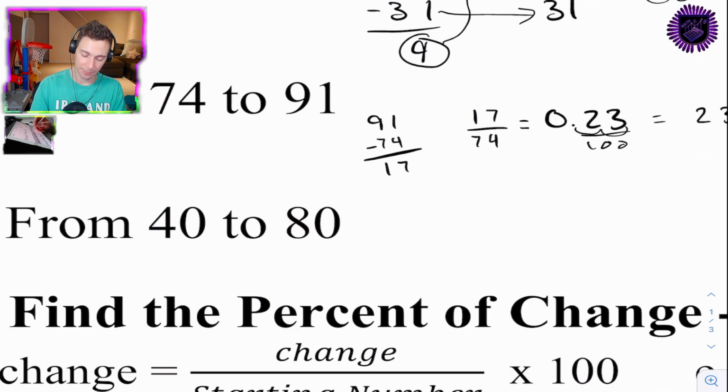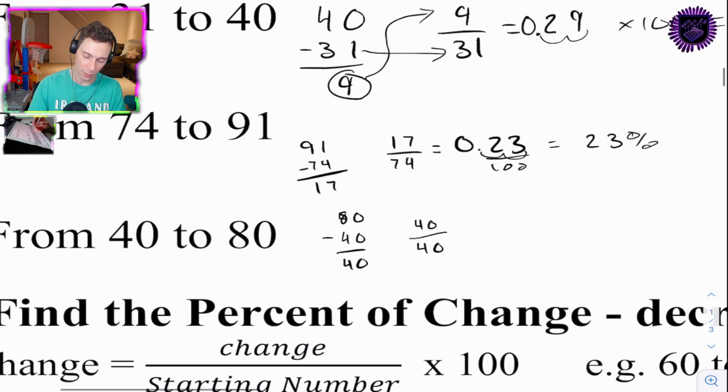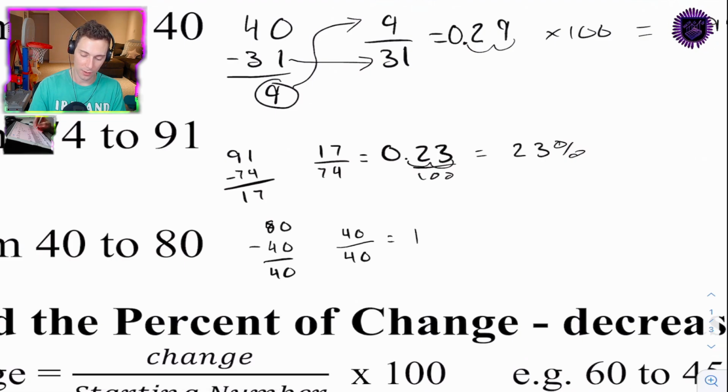We'll show our work anyway. 80 subtract 40 is going to equal 40, and then we're going to have 40 as our change over 40 as our starting point, which will be equal to 1. Now, what percentage is 1? We can multiply it by 100. That's going to equal 100% increase.